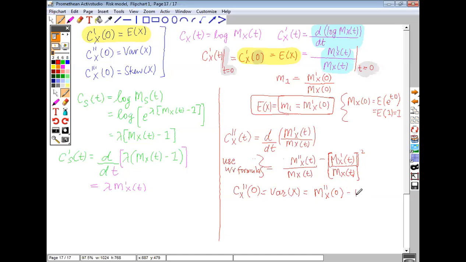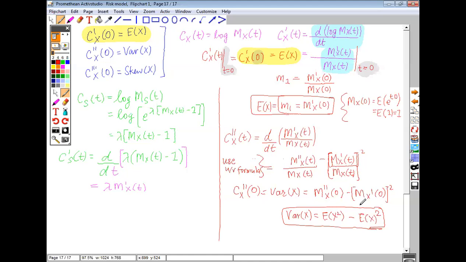And this will be minus mx prime of 0, and that will again be just 1, and this I have as square here. So if you have a look, if you compare, how can I rewrite this? It's in a way something like this, which is my general definition of variance of x, right? All right, so we'll see if we can use this somewhere to derive this skewness.